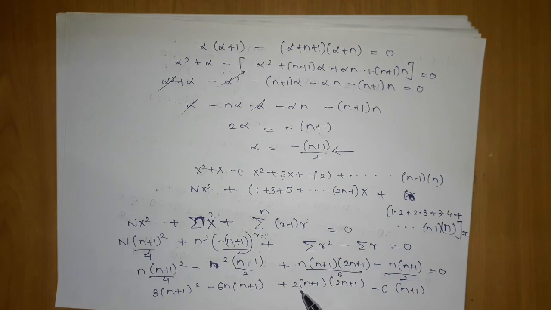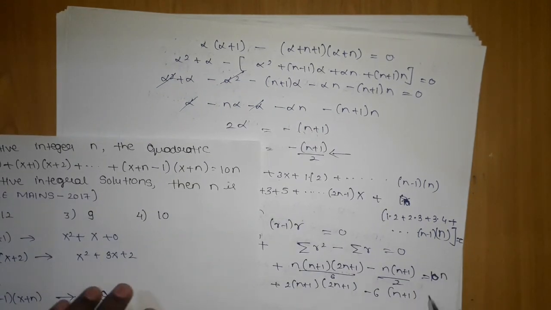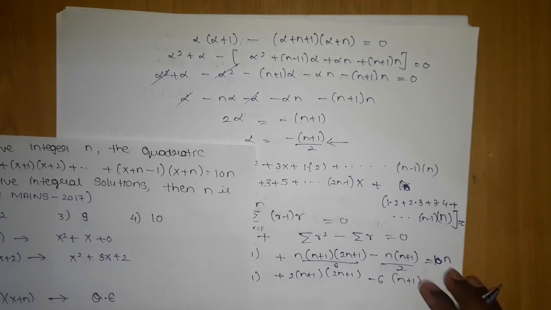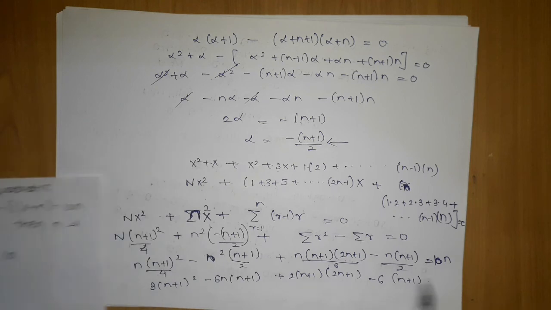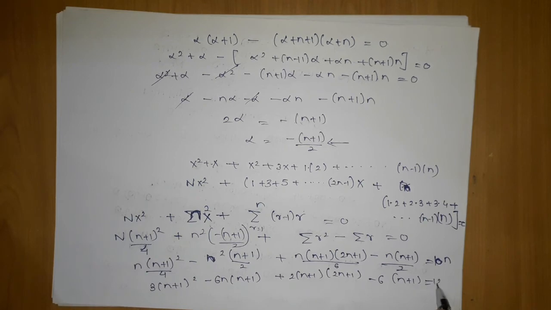It was equal to 10n. Wait a minute, let me check the question. Okay, this is equal to 10n, not 0. Since 10n is there, if I multiply throughout by 12 and divide by n, I will be left with this thing, and here we'll have 120.